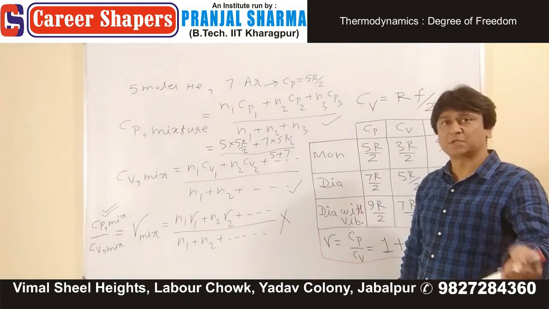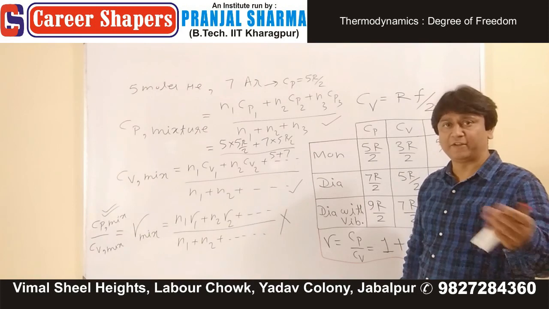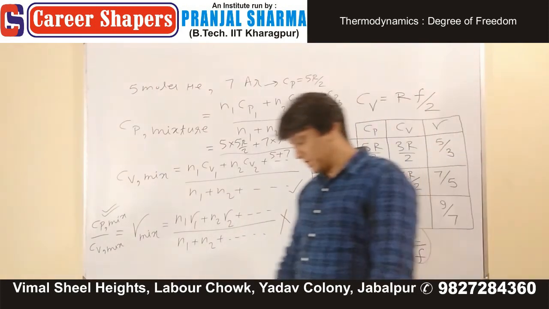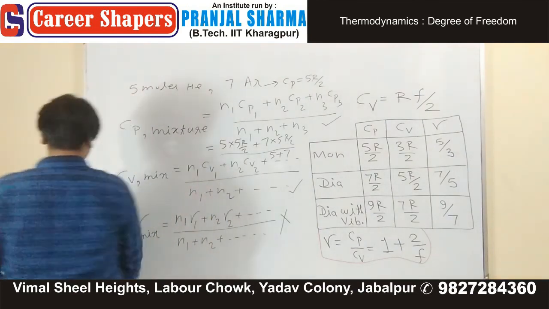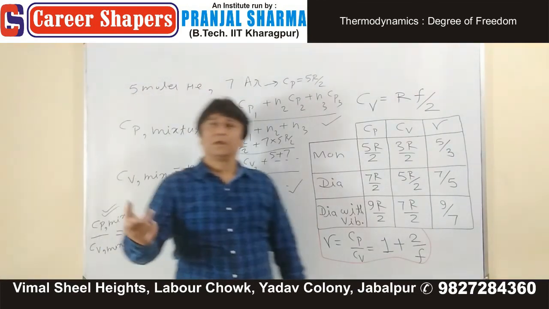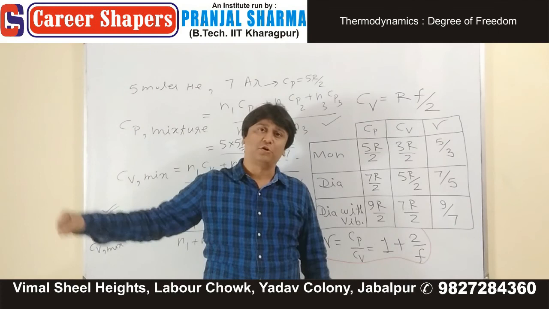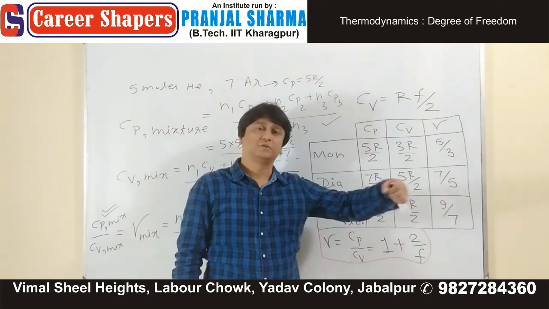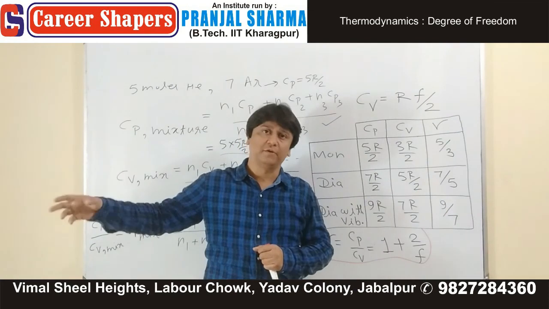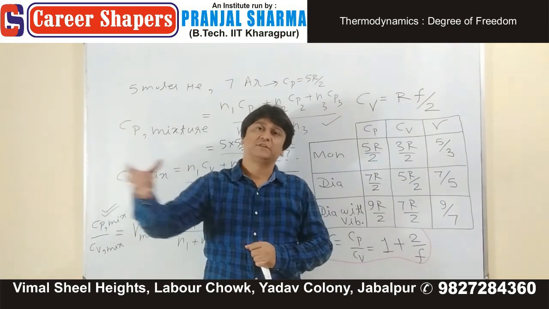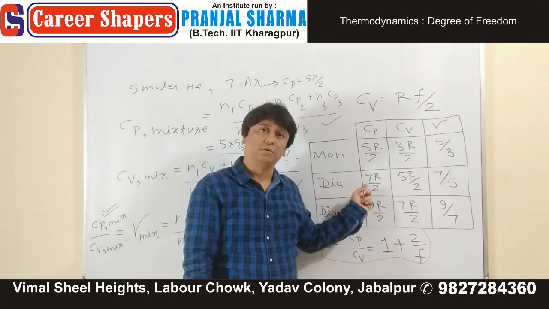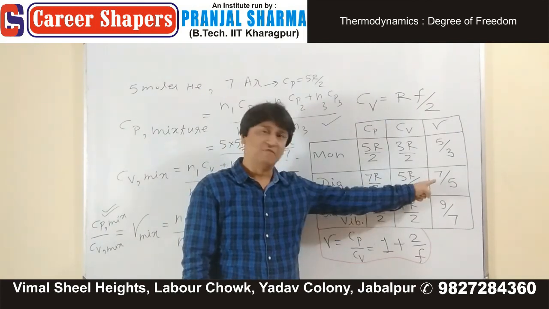And the same is the case with mixing of different diatomic gases. If you mix 10 moles of nitrogen gas with 20 moles of oxygen plus 30 moles of hydrogen, what is Cp? 7R by 2. What is gamma? 7 by 5.